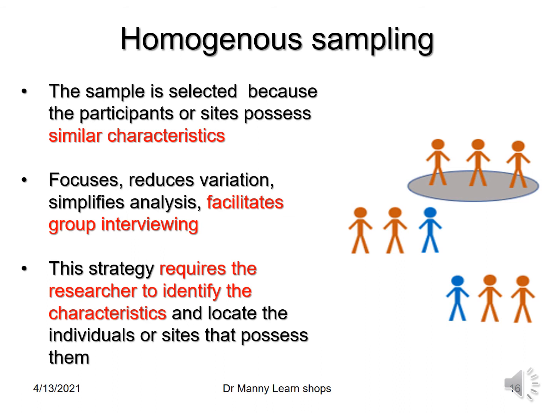And this strategy requires you as the researcher to identify characteristics and locate the individuals or the sites that possibly possess them. You're looking for similar characteristics in your sample. Some people may see that as bias. Not in qualitative research, it's not.